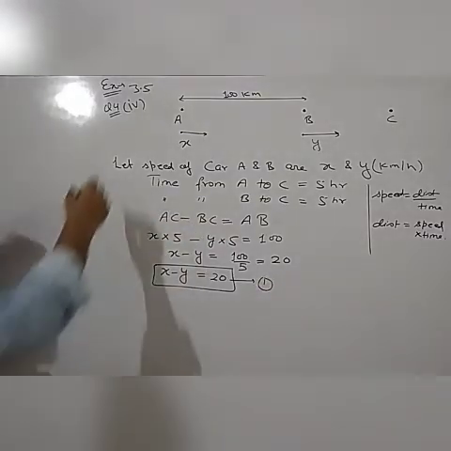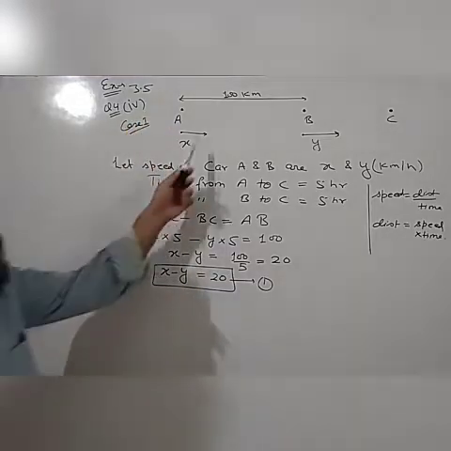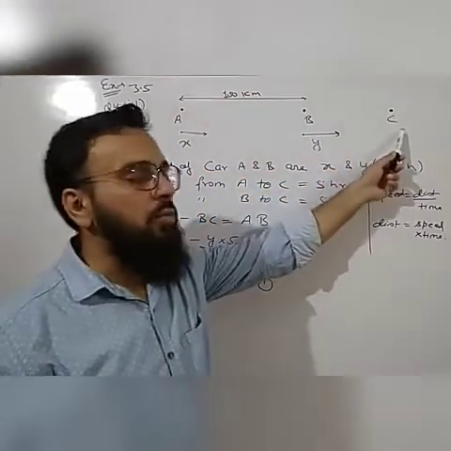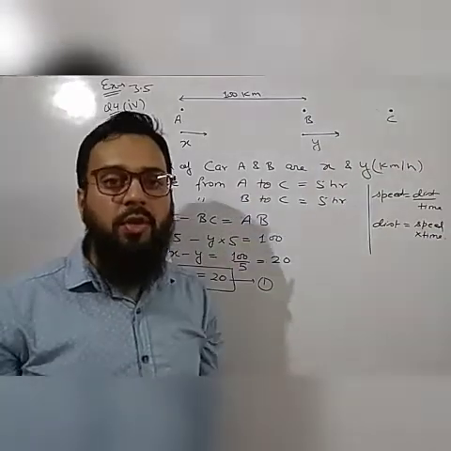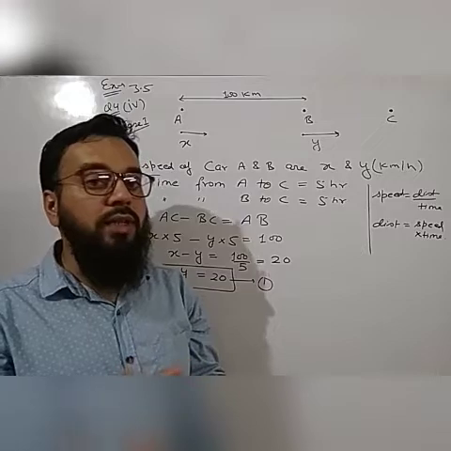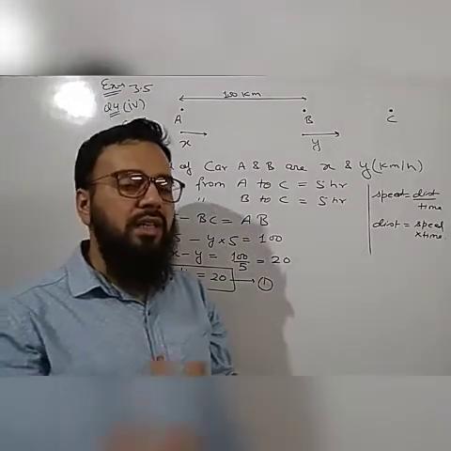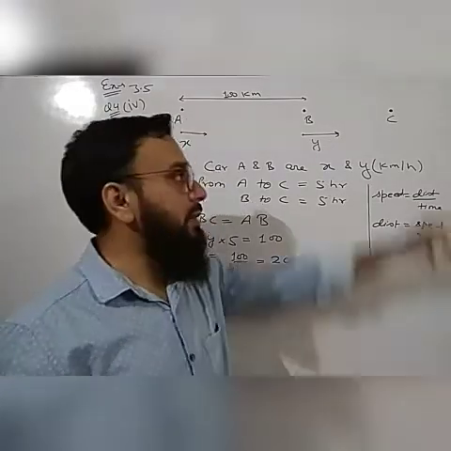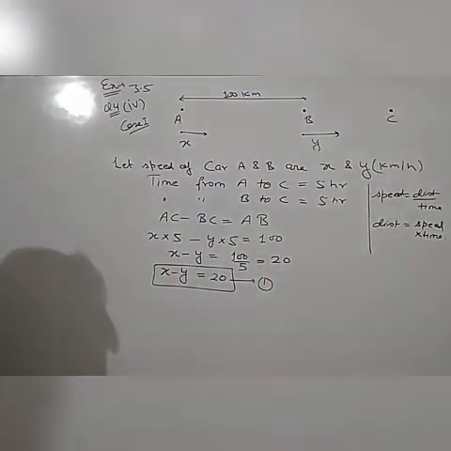From the first case, we have found equation number 1, when both the cars are traveling in the same direction and they are meeting after a time of 5 hours. So the time for A and the time for B is same, because they are meeting after 5 hours. Both will move different distances, but both will reach the same point after 5 hours. That particular point I have considered as C.